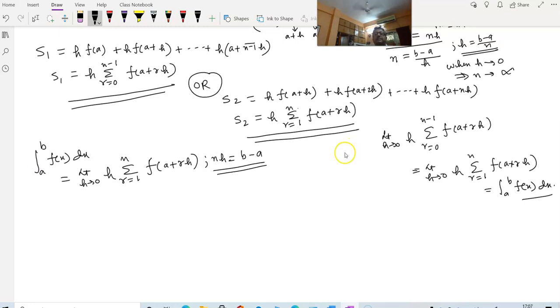I have shown here that n equal to (b minus a) by h, or h equal to (b minus a) by n.